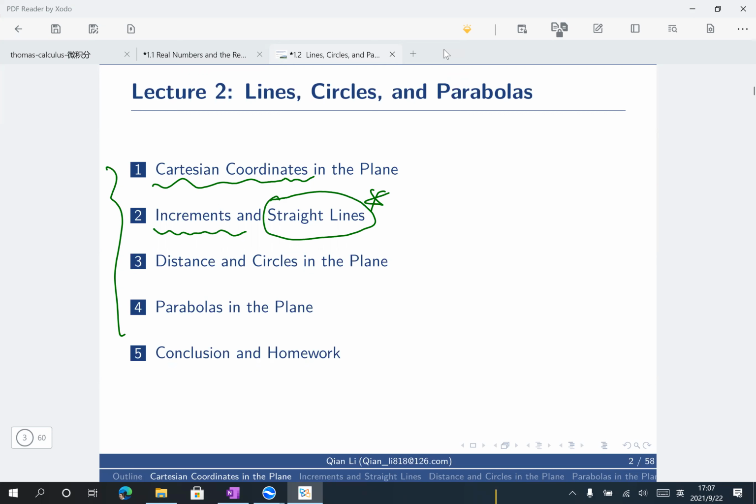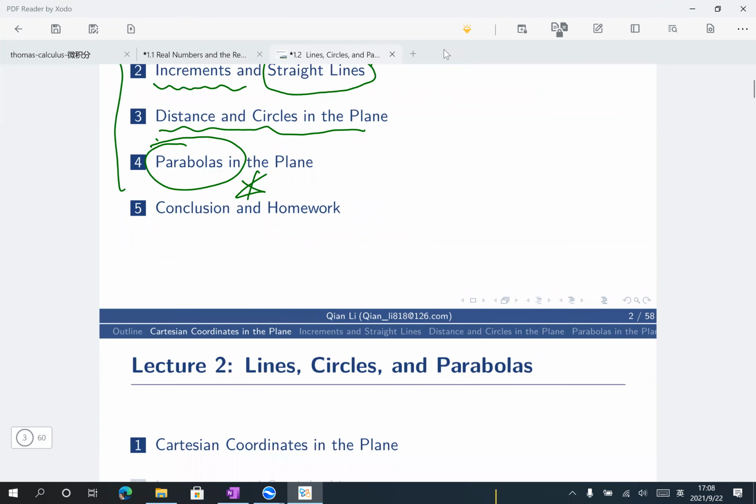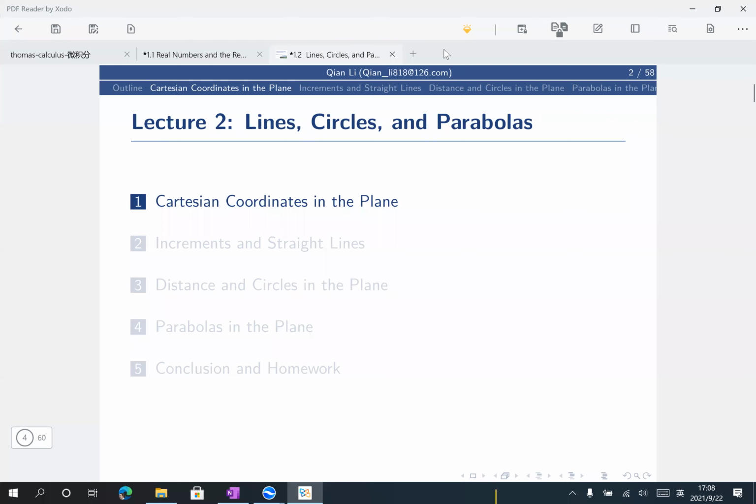Then we will study the distance and the circles in the plane, and then the parabolas in the plane, and the parabolas are also important. Let's first study the Cartesian coordinates in the plane.